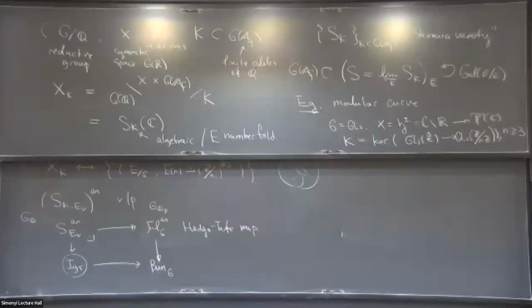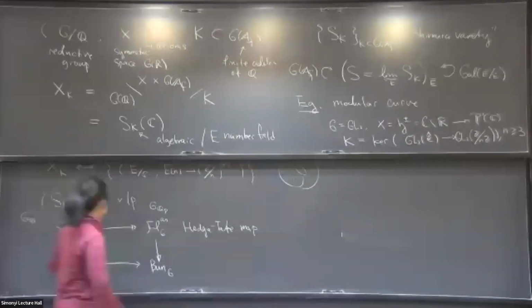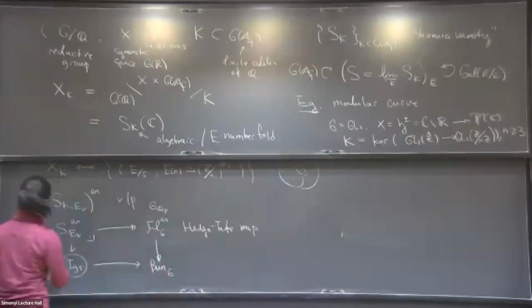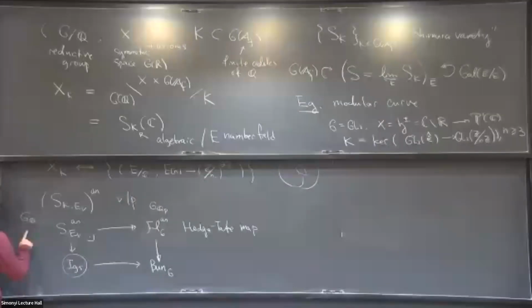Basic question. So what level structure does this Sh carry? Here I'm passing to really infinite level. You can think of it as the inverse limit along all the compact open subgroups.